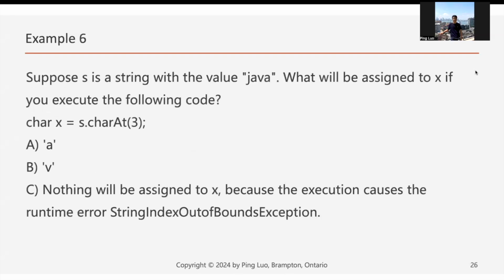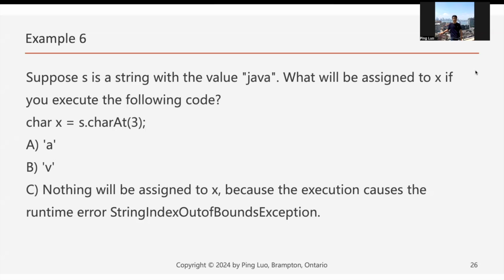So let's see, this is the sixth one. The string s is a string called Java. Then what will be assigned to x if you use this code, x equals s.charAt(3)?